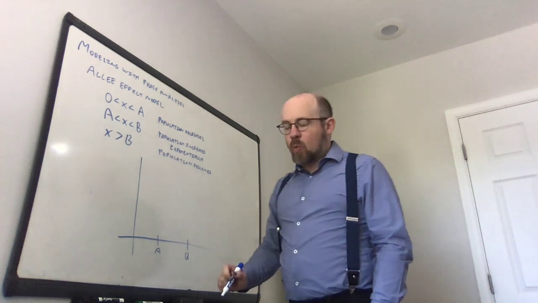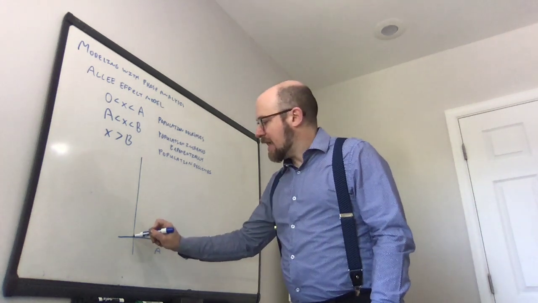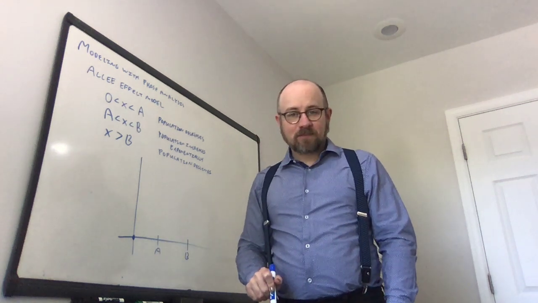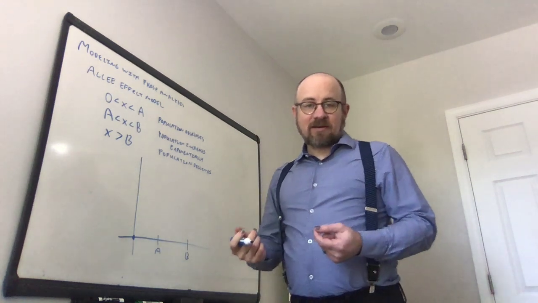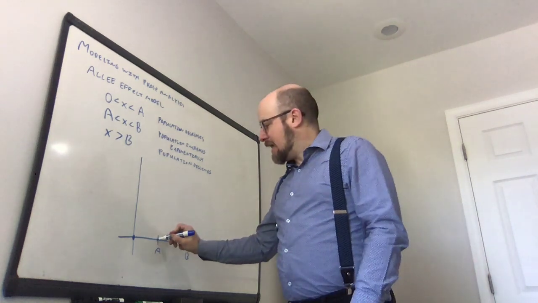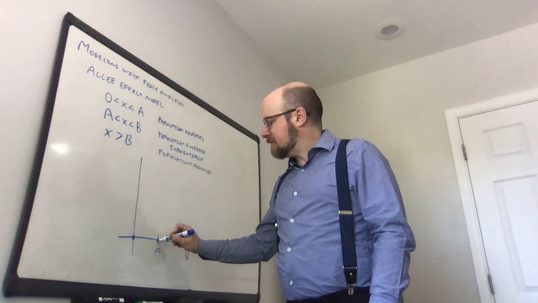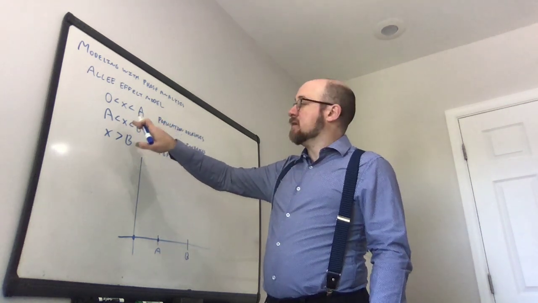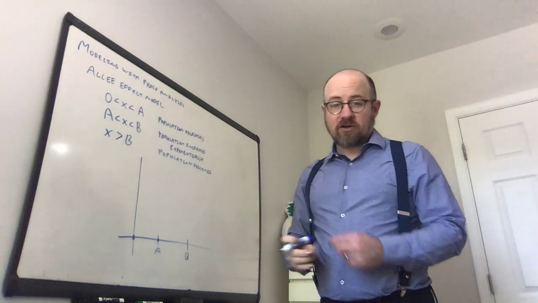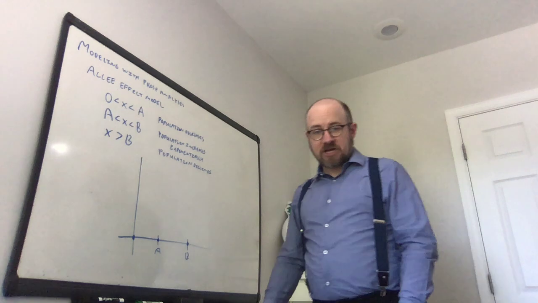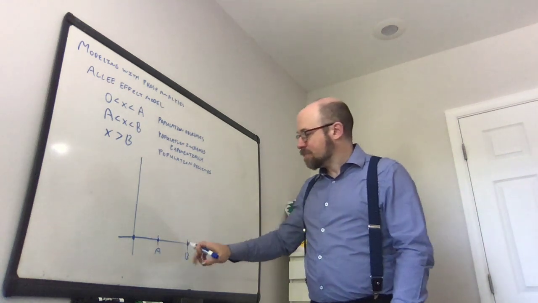And so what you know is that at 0, the population isn't going to change, because if the population's 0, it's going to stay 0. At A, the population isn't going to change, because if you're below that, you're decreasing. If you're above that, you're increasing. Here, you're right on the edge. And at B, your population isn't going to change. These are your three equilibria.